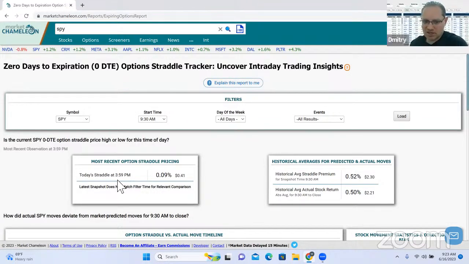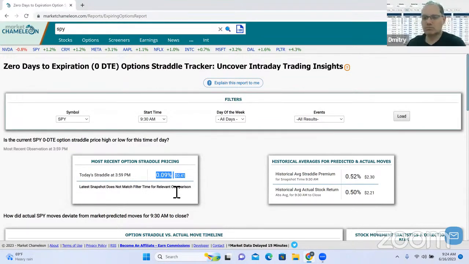Market opens up and it's going to show you, and you'll be able to move this around. But let's say it's 10 a.m. It's going to say so far at 10 a.m., this is where the SPY straddle is. Let's say 1%. And it's going to compare and say, well, if we historically looked at SPY at the money straddles, 0 DT straddles, where were they priced?